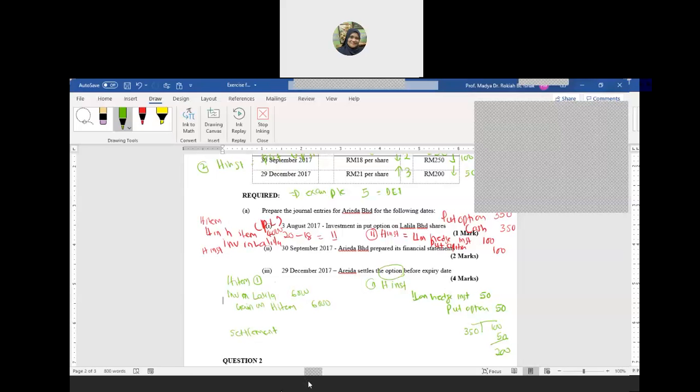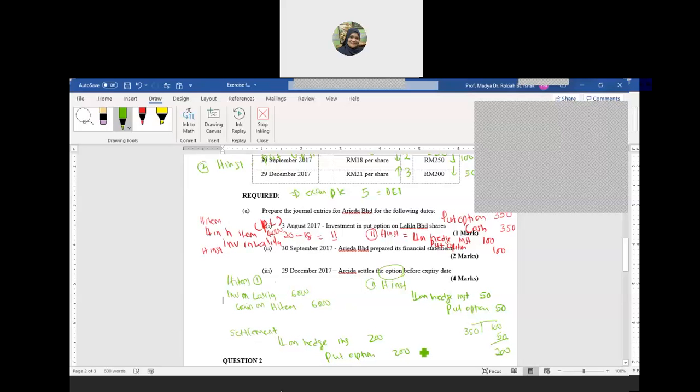You're going to, again, for the settlements here, you have a loss here. Okay, you're going to debit the loss on H instruments, and then credit your put options. Settlements here, we're going to record as a loss here, 200. Okay, 200.